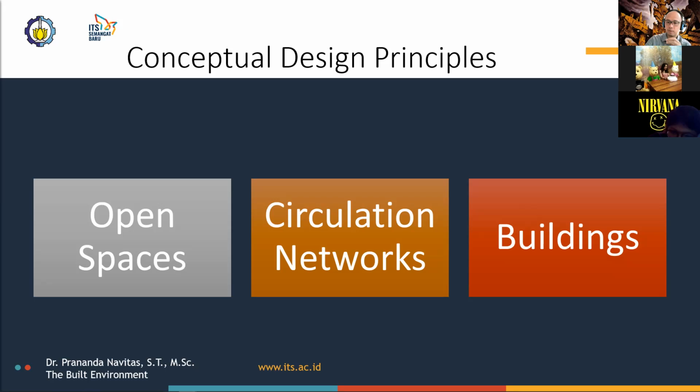And the third component of a landscape would be buildings or man-made features. And buildings can, as I mentioned when I talked about the figure ground technique, play such a significant role in shaping circulation networks, and in shaping and preserving different open spaces and defining open spaces, as a matter of fact.